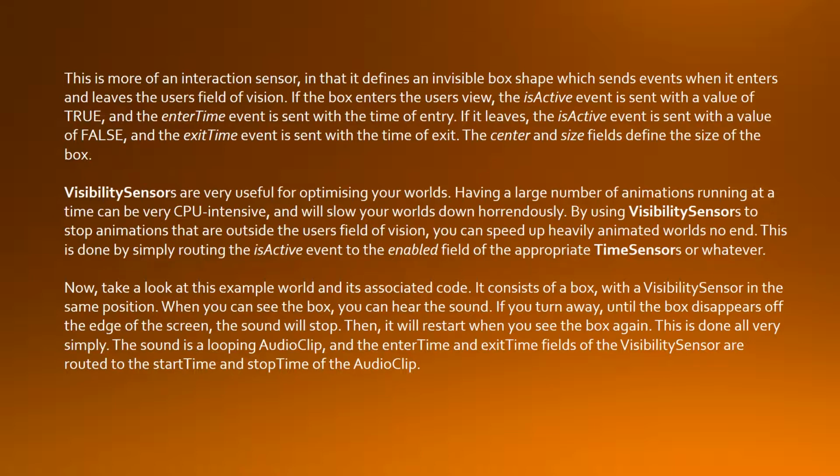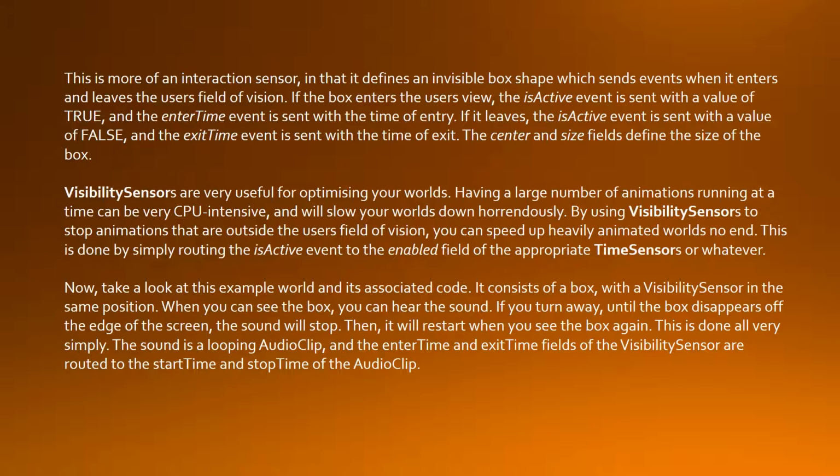A large number of animations can drain your CPU power, and visibility sensors allow you to control the animation based on the visibility of the object. In this particular example, I have created the statue of Lord Buddha, and there is one sound associated with it.